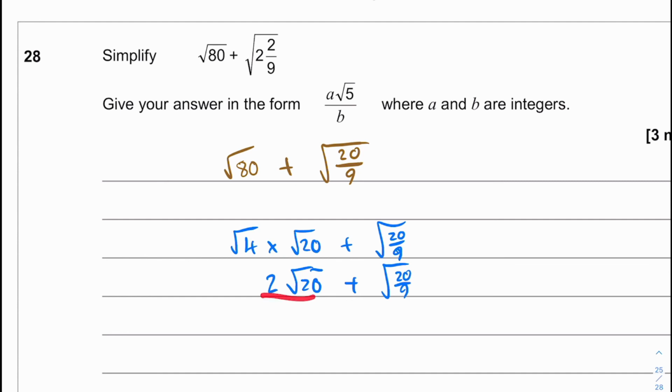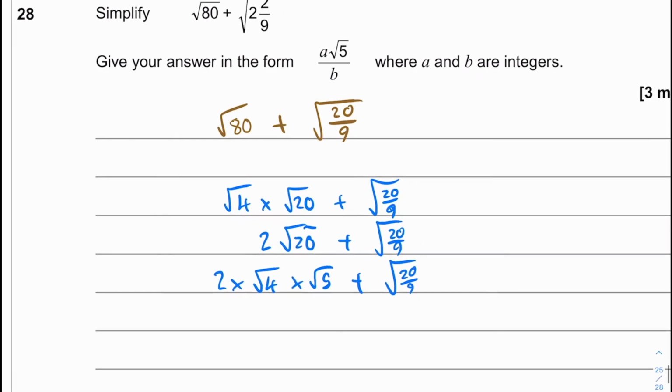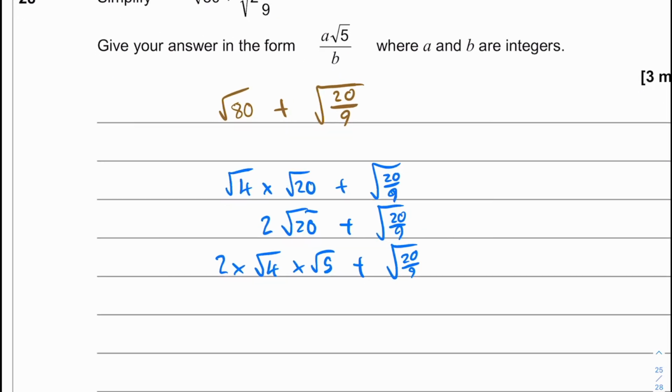We can then simplify this further, so we can get 2 multiplied by root 4 again, multiplied by root 5, plus root 20 all over 9. So 2 times the square root of 4, which is 2, gives us 4 in total, multiplied by root 5, so we've got 4 root 5 plus the square root of 20 over 9.